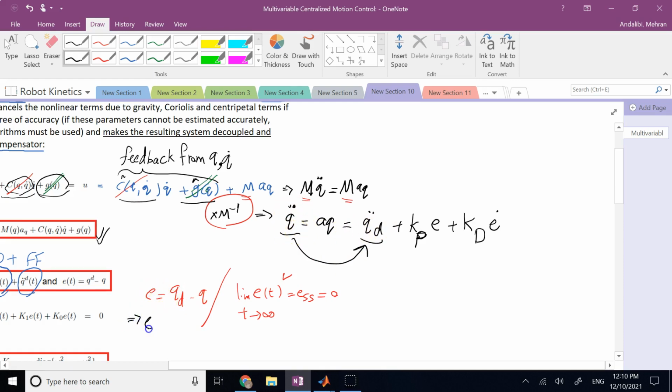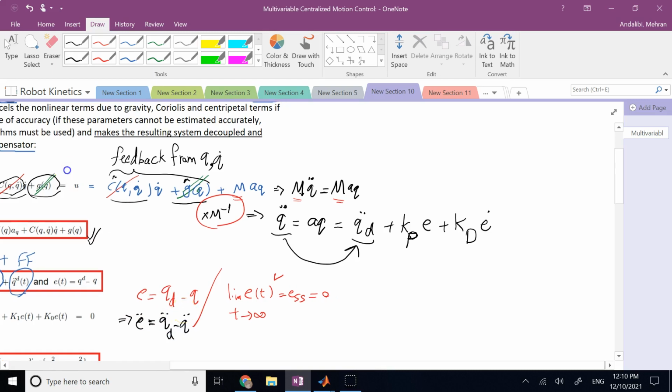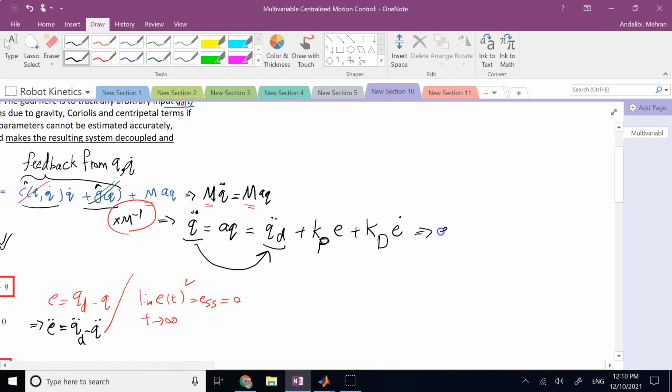It is what? If you take 2 time derivatives, that's going to be error double dot. So what will you get? You will get error double dot plus KD times error dot plus KP times error equal to what? 0.